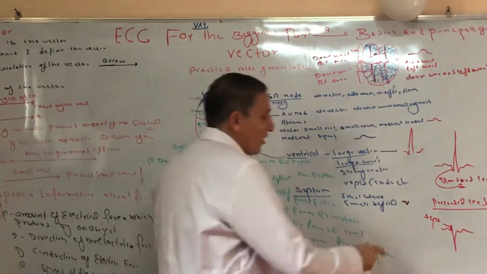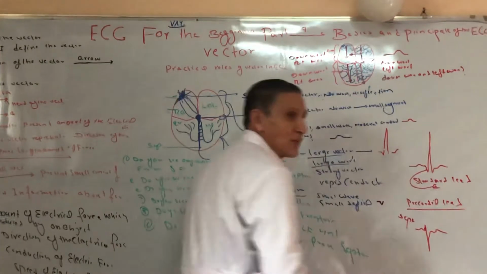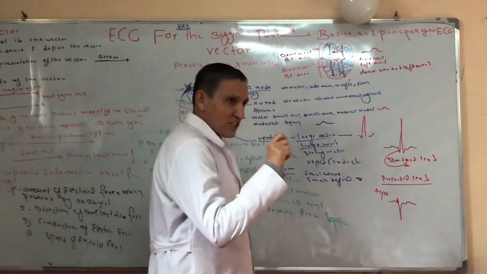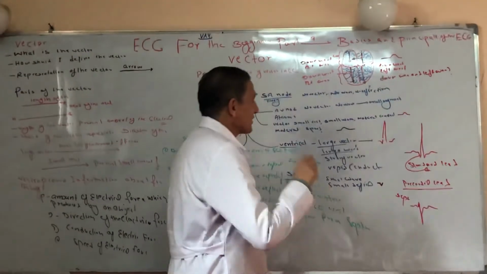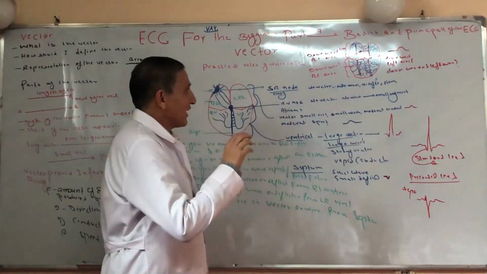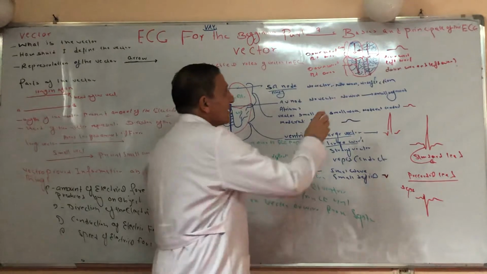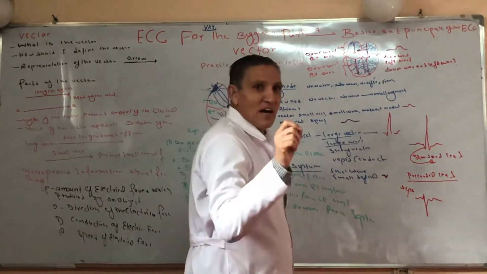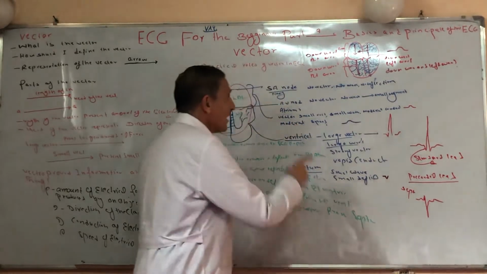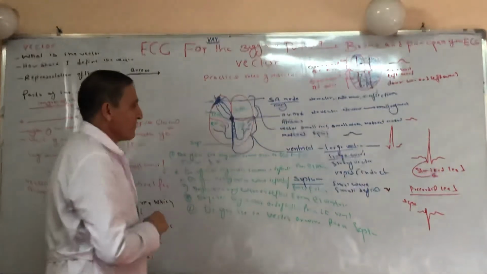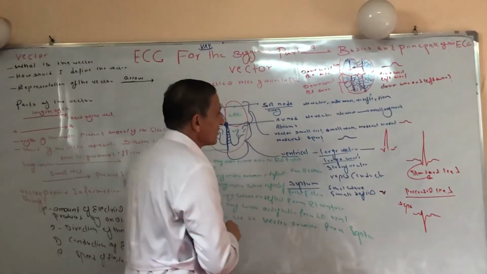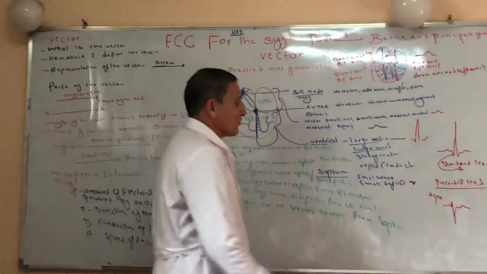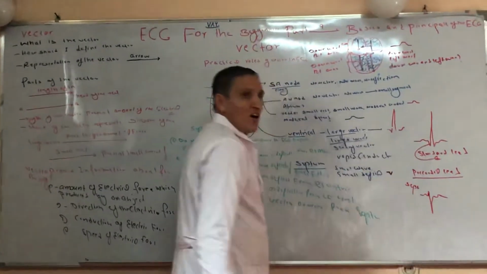But in the precordial leads, it is represented by a septal R wave. So the septum is also small tissue, but it is larger than the SA node tissue, and that is why we don't have any wave from the SA node, but we have a wave from the septum. The septum produces the Q wave in the standard leads, and in the precordial leads it produces an R wave.